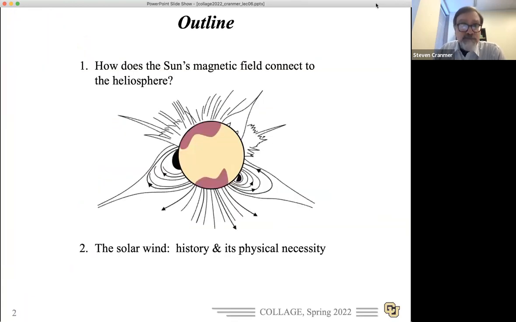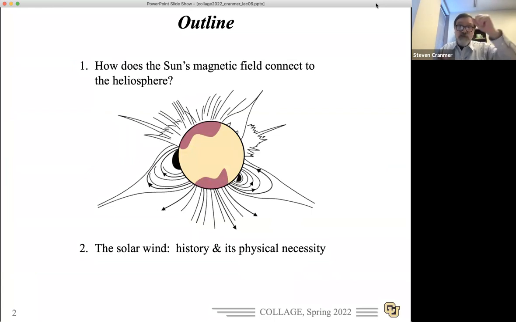Where's my outline? Yeah, so it's really just 2 questions today. One is just to think about the overall geometry, maybe the word is topology, of the sun's magnetic field, because there are these closed magnetic features. We talked about coronal loops a lot, and then there are these much larger features that the solar wind starts to grab a hold of and stretches out.